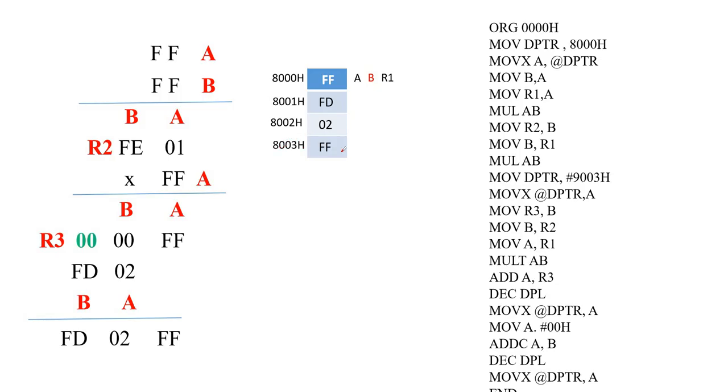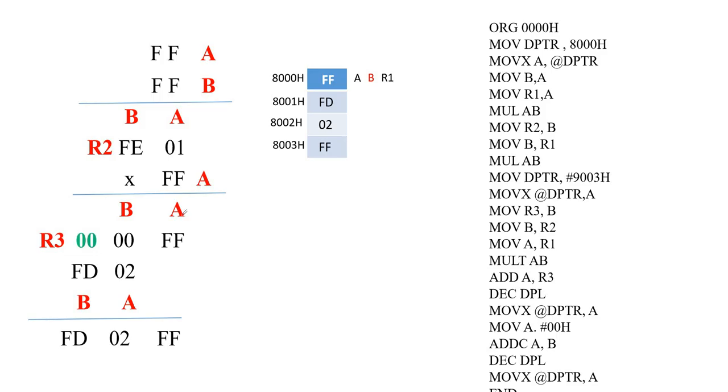So we will initialize the DPTR to 8003 by using MOV DPTR, #8003. Sorry, it should be 8003. By mistake I have typed a 9 here, it should be 8003. Then after that, the accumulator is having FFh, which can be directly used for multiplication.